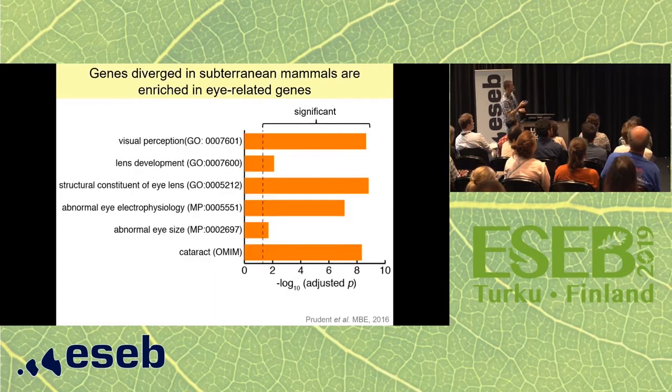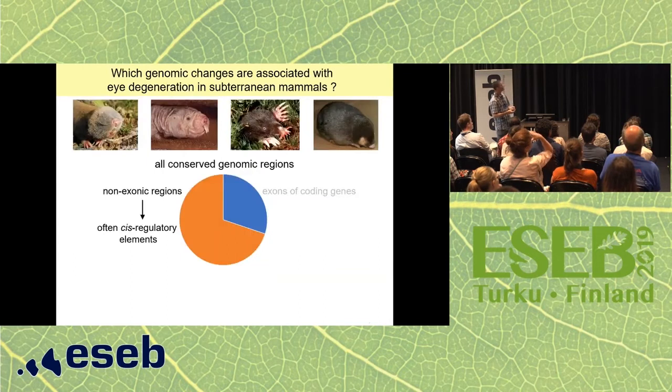Interestingly, those 208 genes are highly enriched in eye-related genes, as you can see here from these gene ontology or MGI enrichments. The second class are those conserved regions that do not belong to genes, and they often overlap cis-regulatory elements.